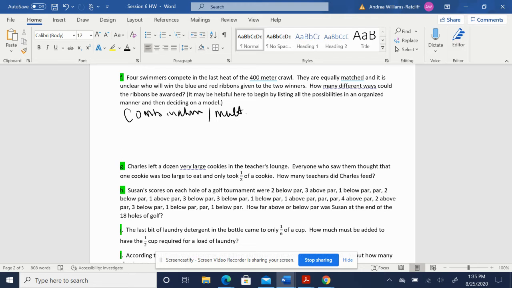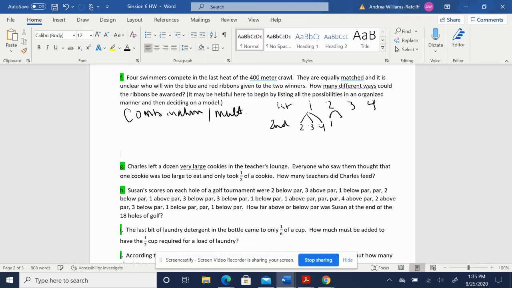We've got 4 swimmers. Okay, we could think about first place, okay, as swimmer 1, 2, 3, or 4. And then second place, depending on who was chosen, okay, if swimmer 1 got first place, then we would have an option of 2, 3, or 4 for second.